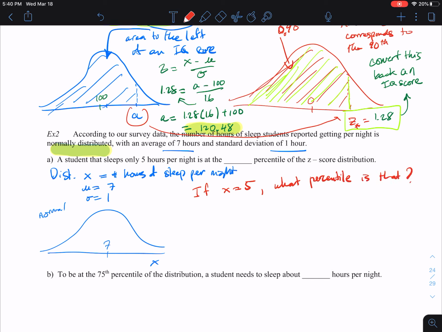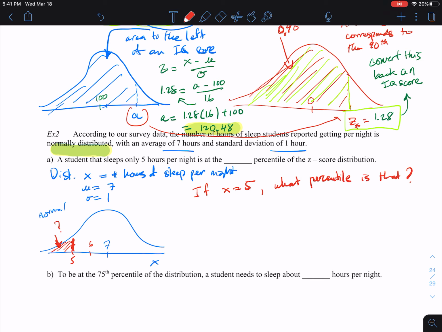Meaning, if a student has 5 hours of sleep per night, what percentage of other students have fewer hours of sleep per night than this? So in other words, we're looking at this area here, at 5. So what is that area? Finding that area is the same thing as asking what that percentile is.